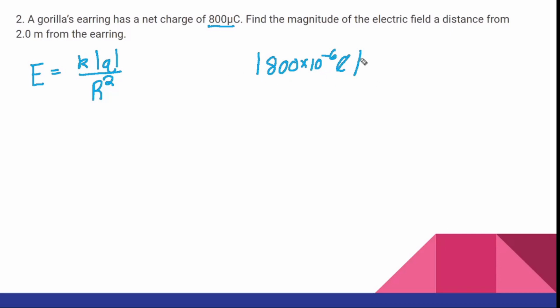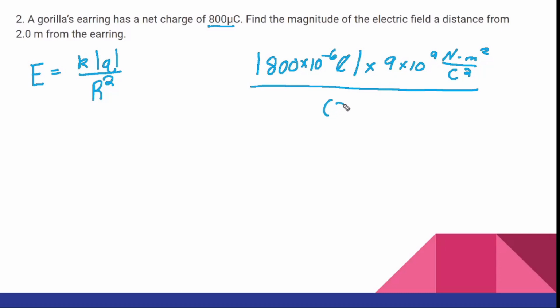Then we are going to multiply this charge by Coulomb's constant, which in this case will be 9 times 10 to the 9th newtons times meters squared over Coulomb squared. Then we will divide this by 2.0 meters squared, which then becomes 4.0 meters squared.